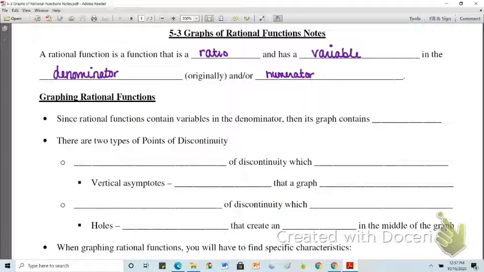We are going to be looking at this today, and sometimes your variable in the denominator may cancel out, but it is still a rational function.